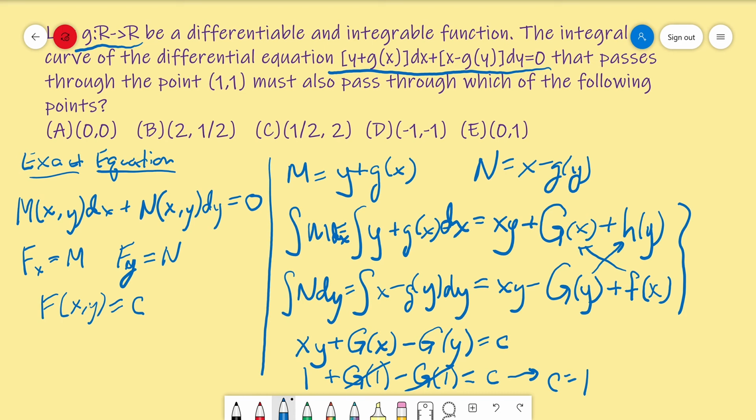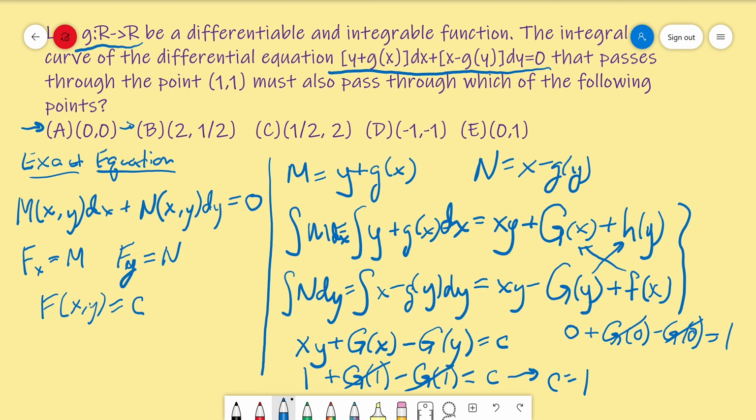Let's look. The first option is 0, 0. Can this integral curve go through 0, 0? If we put x equals 0, y equals 0, we get 0 plus big G of 0 minus big G of 0 equals 1. Well, those cancel out, and then 0 equals 1 is impossible, so that can't be.